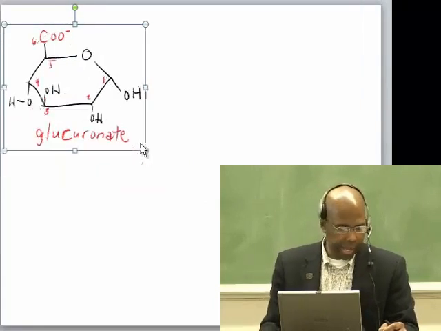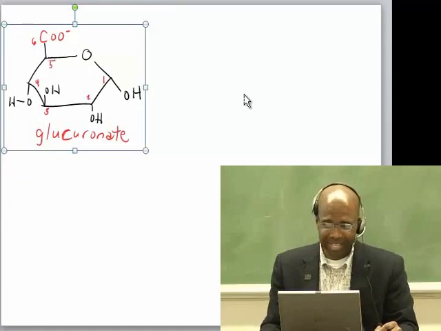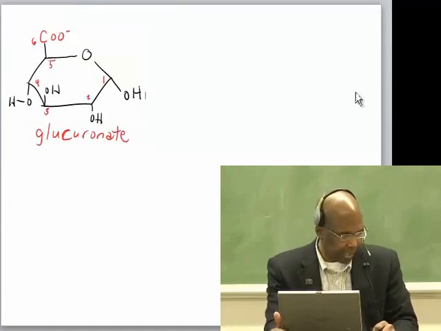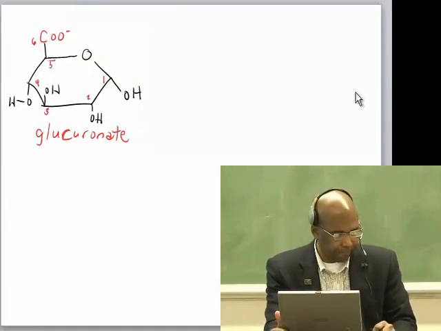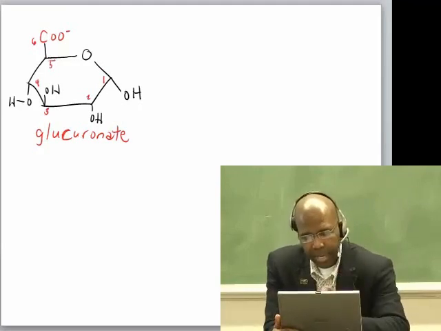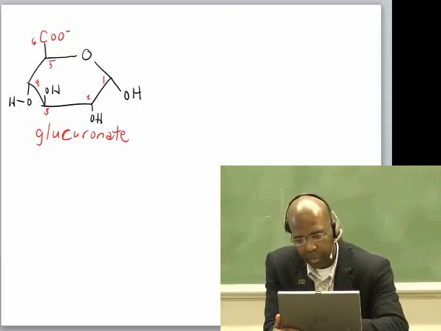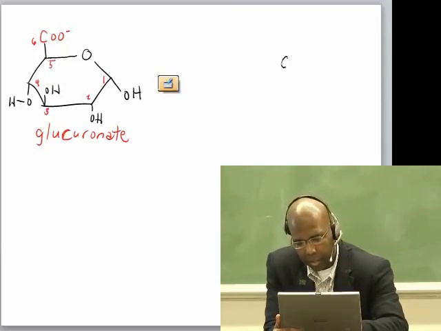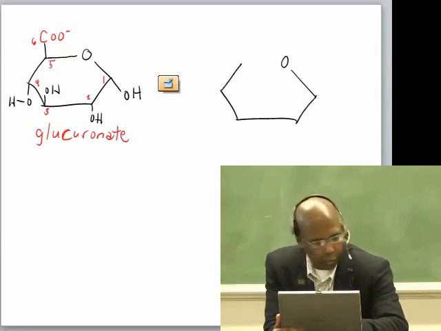Okay, and now let's make ourselves a second sugar. This second sugar is going to be an amino sugar. And we've seen the amino sugars already. It's going to be a derivative of glucose. Lots of these sugars are derivatives of glucose.